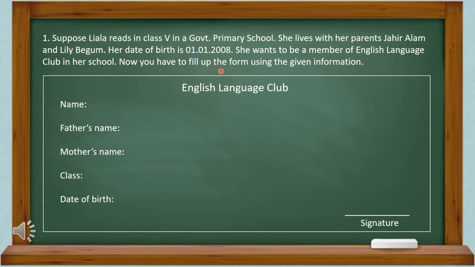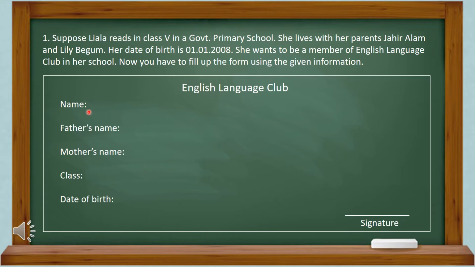Here we can see a form. First of all, we can see English language club. Then we can see name, father's name, mother's name, class, date of birth, and at last the signature. Whenever you are going to answer these questions, you have to draw a box like this, and then you have to write down exactly the same way as the question is given to you.